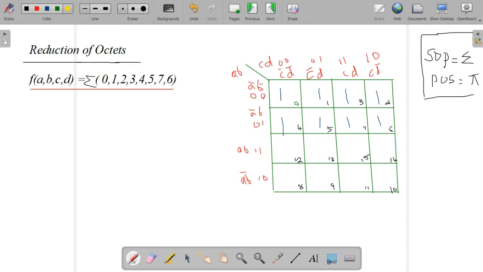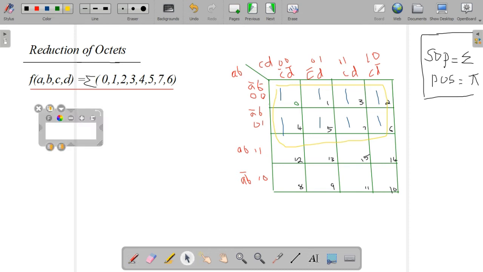So here we got 4 values, 4 ones together, 8 ones adjacent, so we can make it an octet. And in the case of reduction rules, what we have studied is that pair reduction removes only one variable. Quad reduction removes 2 variables, and octet reduction removes 3 variables. So you can easily write here how many octets: only one octet is here.